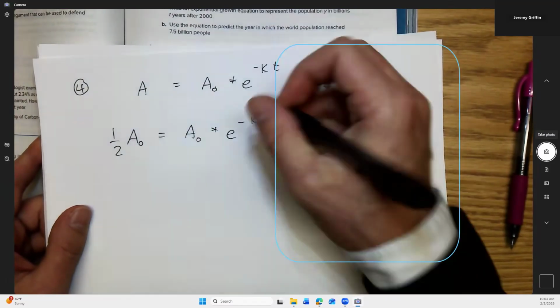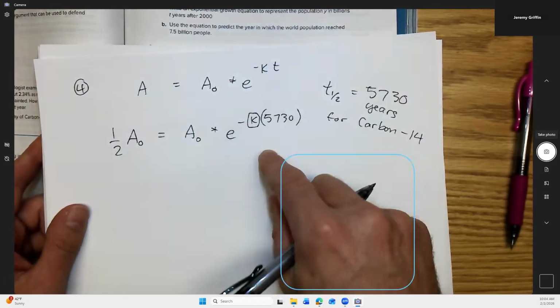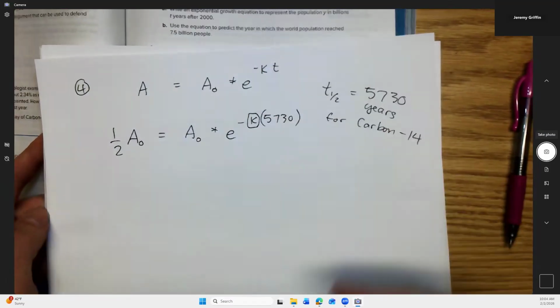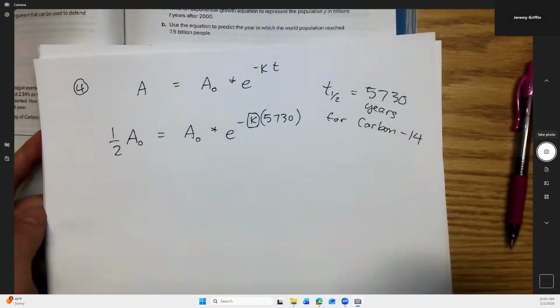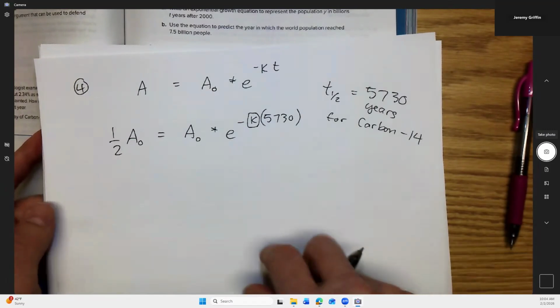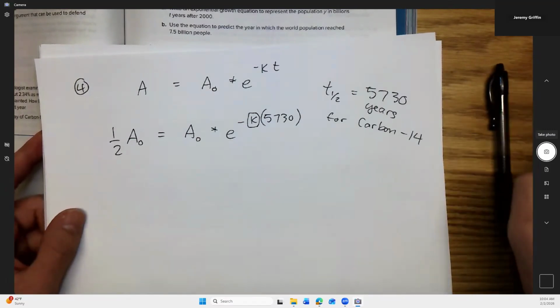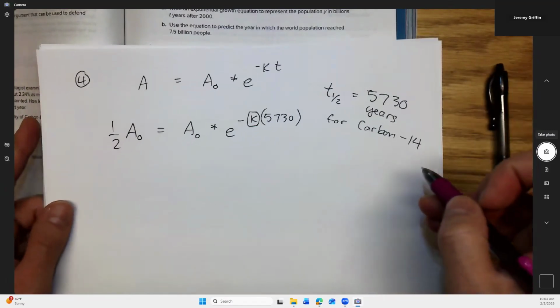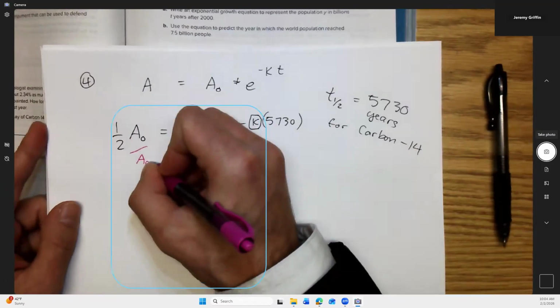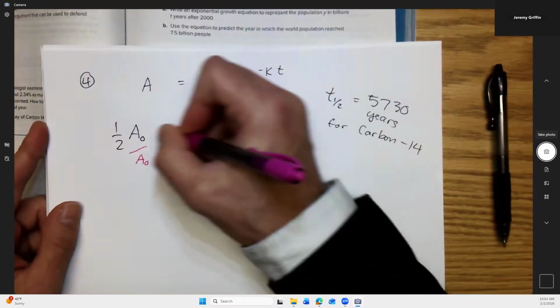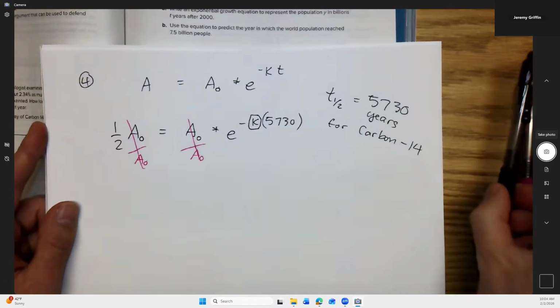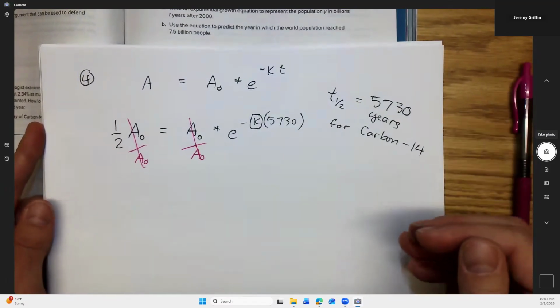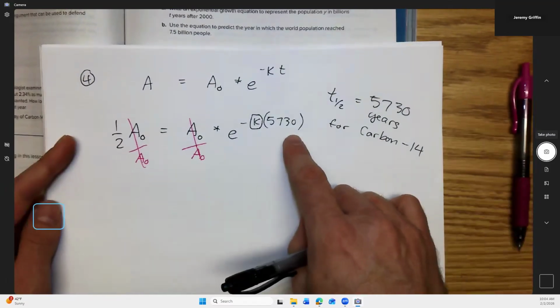Do you guys see that we can solve for k? Now, your textbook told you what k is, but I want you to see where it comes from. The initial amount doesn't actually matter. What matters is the half-life and the proportion.